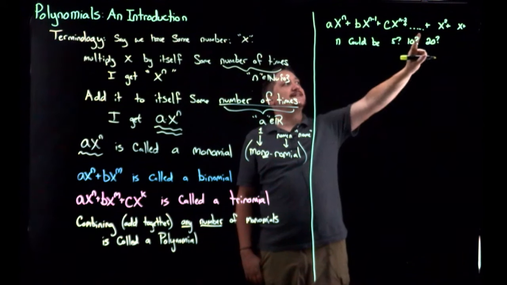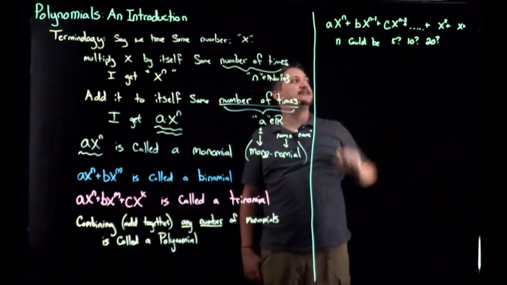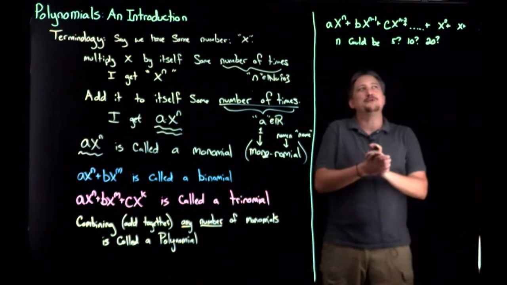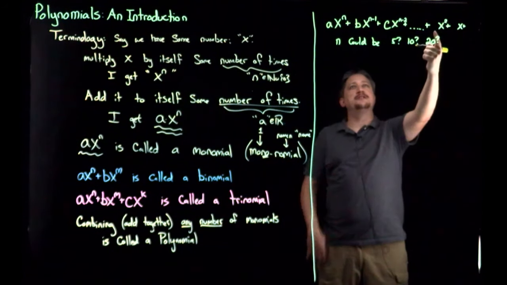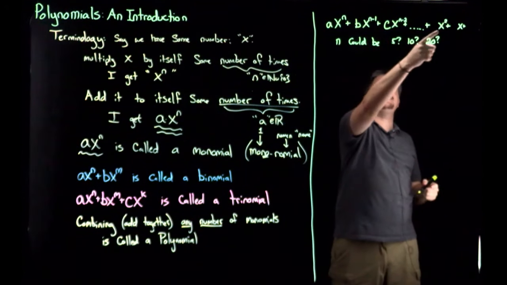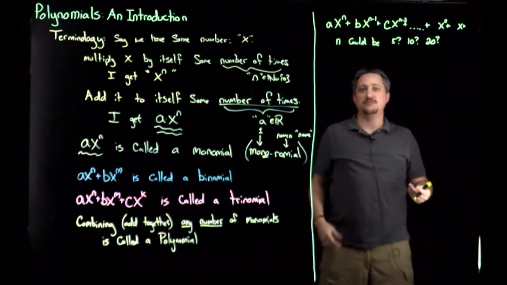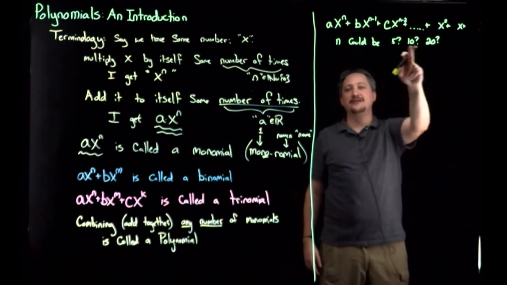But then I have this dot, dot, dot thing going on. And then I have x squared, which needs a coefficient. And the question is, what coefficient do I put there, right? I can't put just d, because that would suggest that I have a, b, c, d, so what are the coefficients for all the stuff in between? Or am I assuming there's none in there? But I can't know, because I don't know what n is, right?